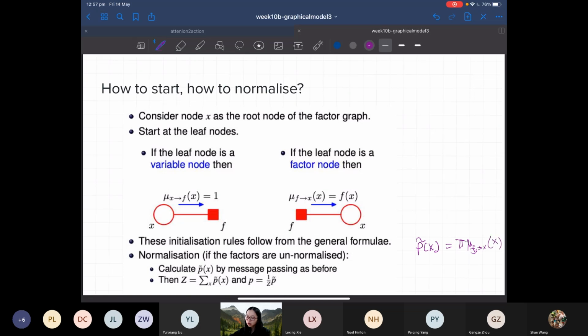And this is essentially a probability vector. So we know what the value of these messages are. So it's the product of the neighbors. Then we just need to renormalize this probability vector, right?